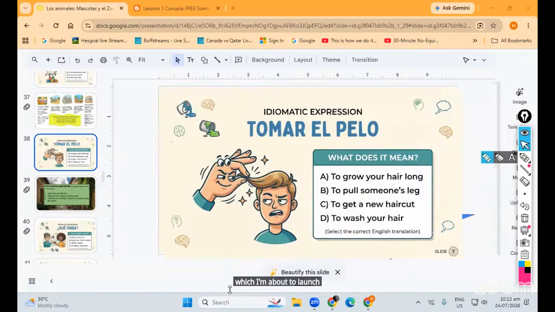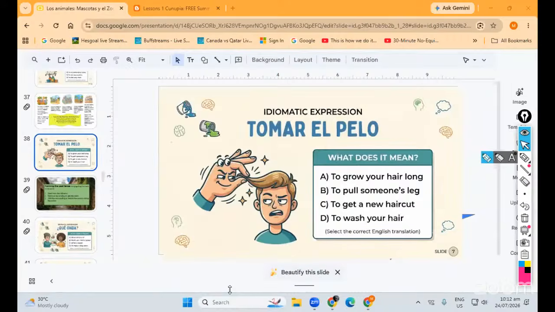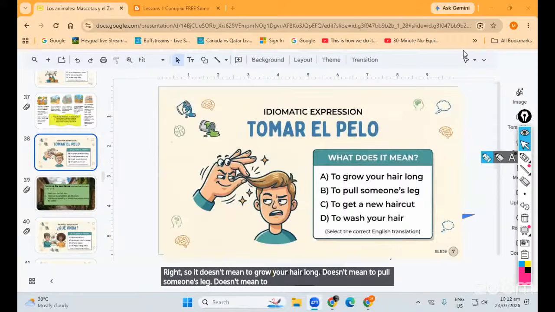This is the results from the first poll where the majority of people got option B, right? Right, so what does tomar el pelo mean? Does it mean to grow your hair long? Does it mean to pull someone's leg? Does it mean to get a new haircut? Does it mean to wash your hair?